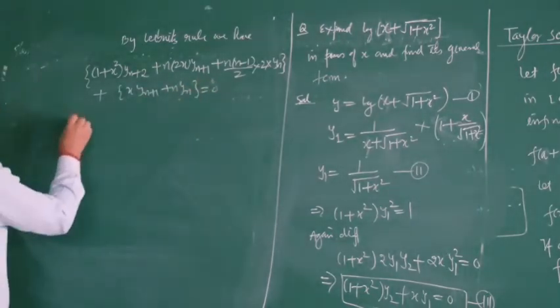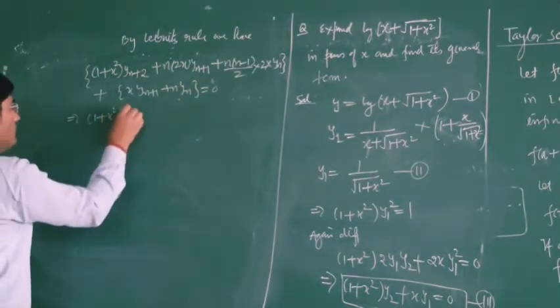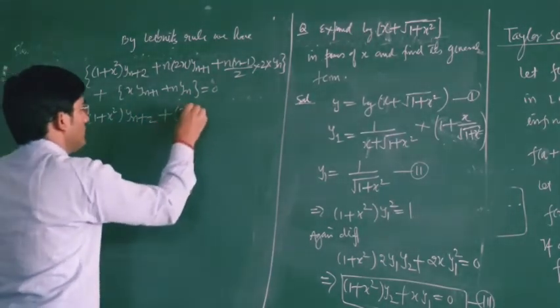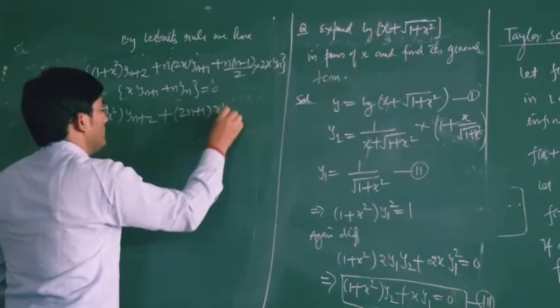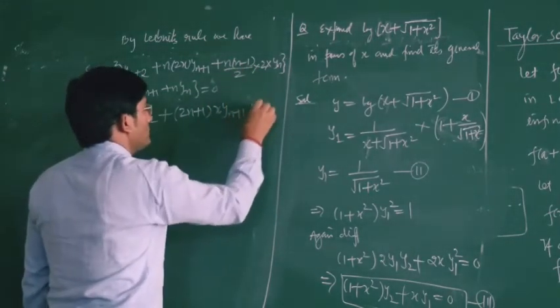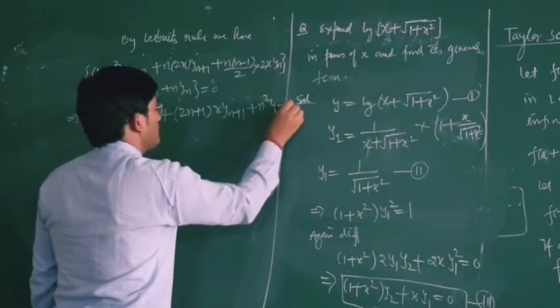So from here we will have 1 plus x square yn plus 2 plus 2n plus 1 x yn plus 1, then this will be n square minus n plus n, so we have n square yn equal to 0.